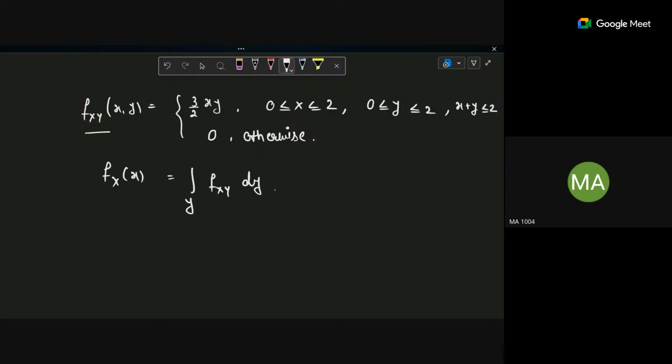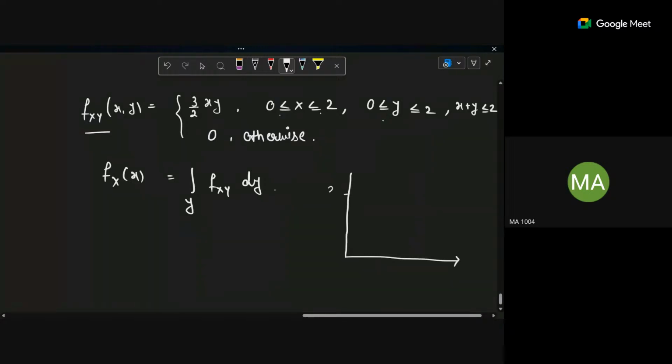Here they said x is lying between 0 to 2, y is 0 to 2, and the region is x plus y less than or equal to 2. So it's very sure that you have to draw the graph first.